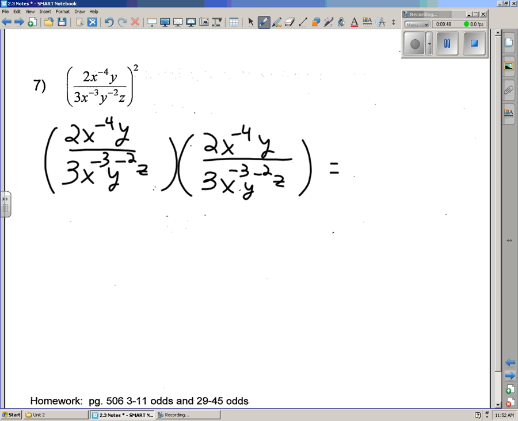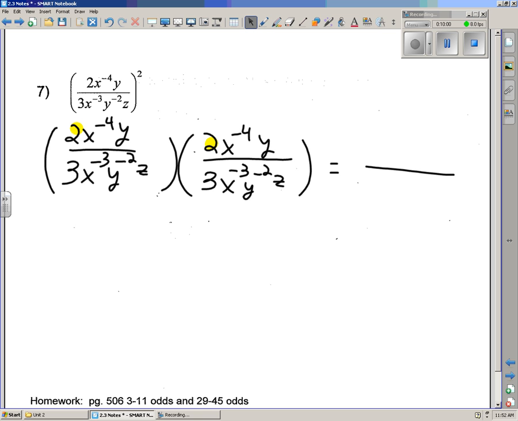I'm going to combine this all into one fraction. I know that I'm multiplying, and I know that when I do multiplication, 2 times 2 is 4. X to the negative 4th times x to the negative 4th is going to give me x to the negative 8th.